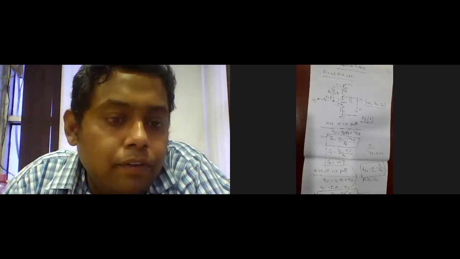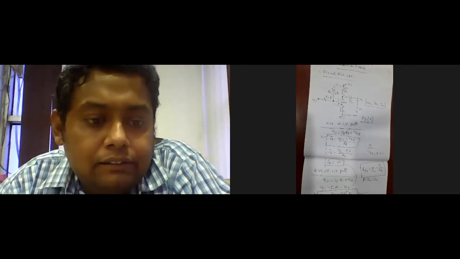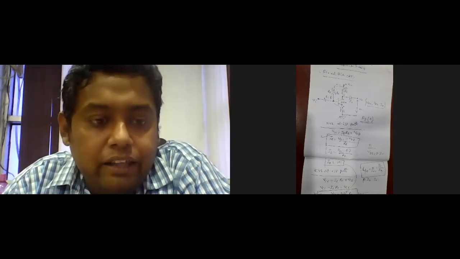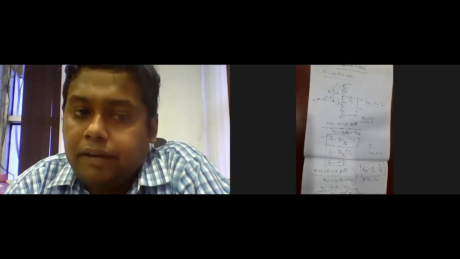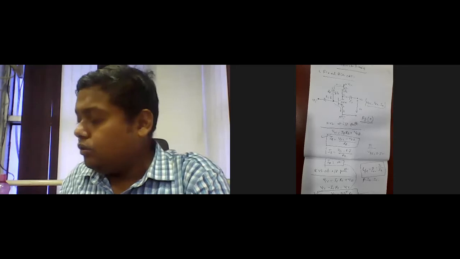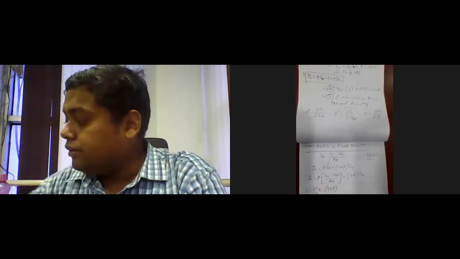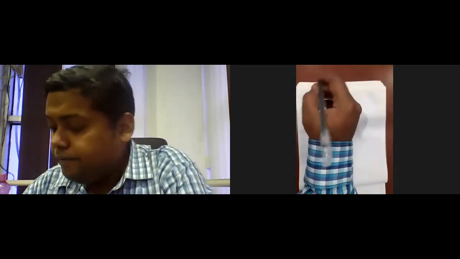In the last class, we already introduced the forward path and backward path KVL equations. So we can easily evaluate the operating point. It may be asked in the exam. We will solve the numerical after this, but due to lack of time I shall take only one class for this today.